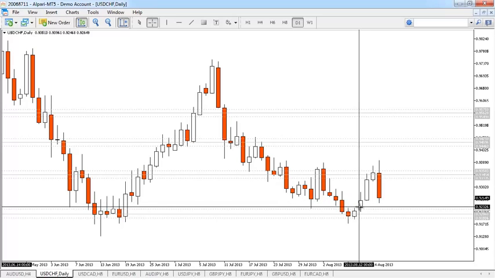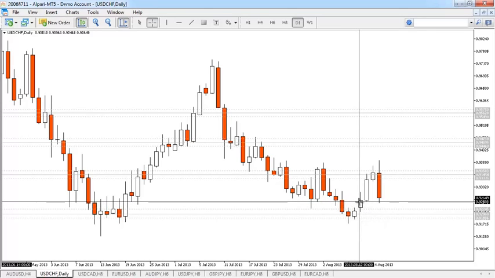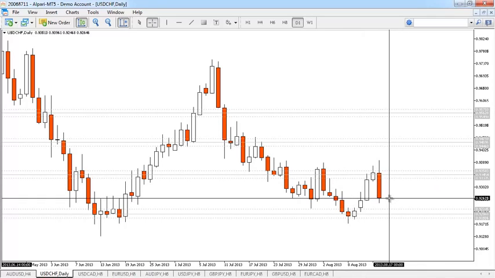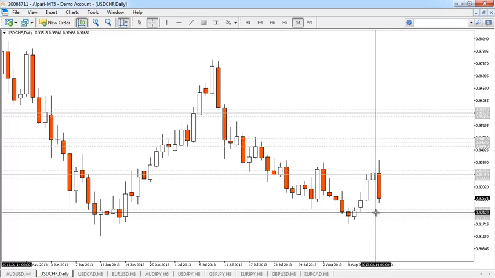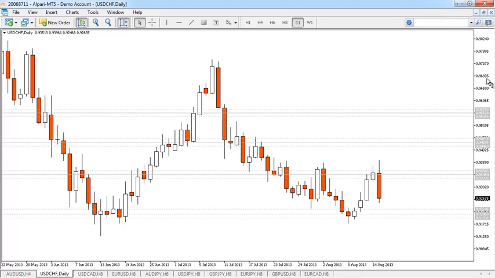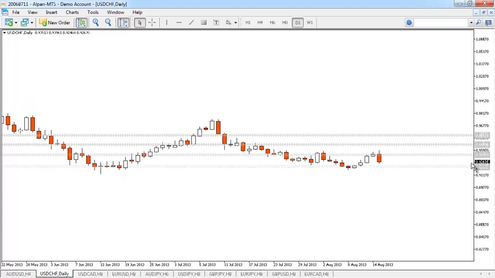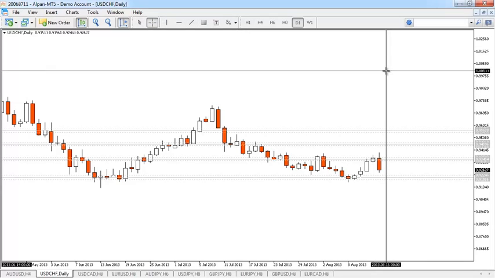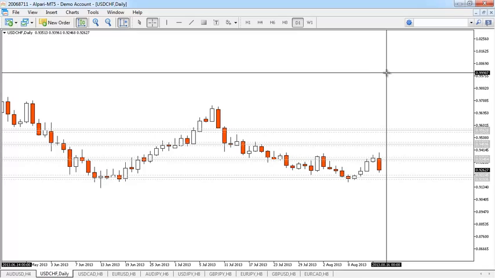Now, if you don't know what psychological levels are, they're rounded numbers. Any rounded number on a chart is going to have a little bit of support and resistance. And usually the bigger the rounded number, the more the support resistance at that level. So for example, the biggest one on this USD CHF chart would be right here at the 1.0000.